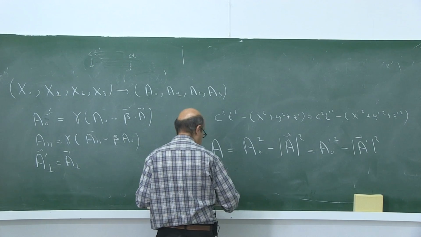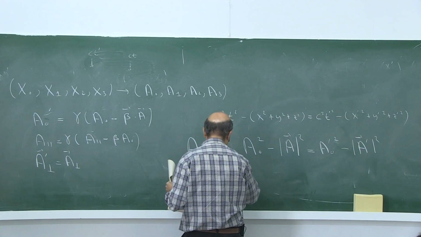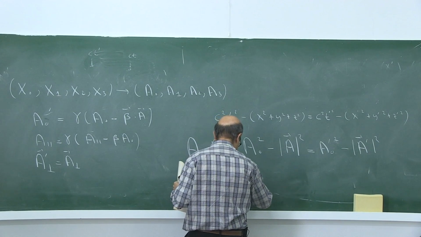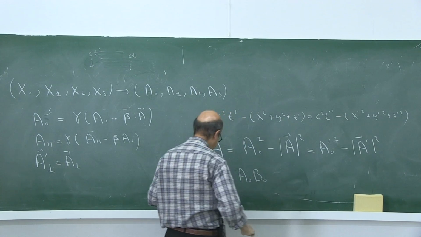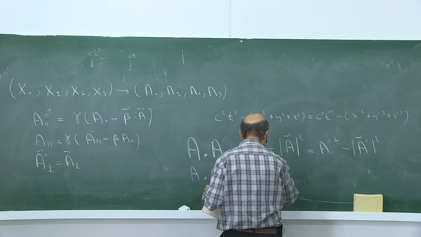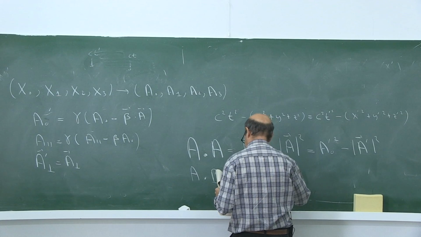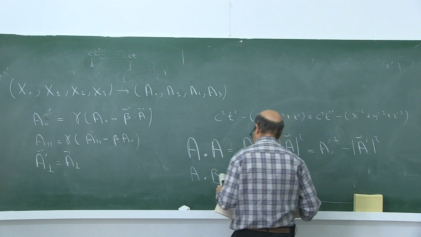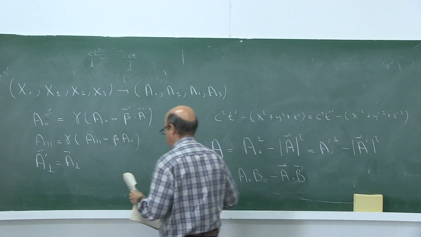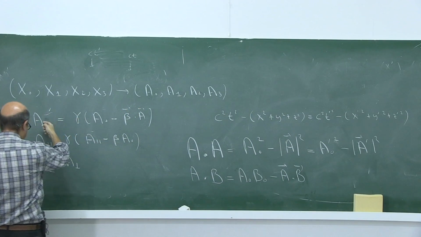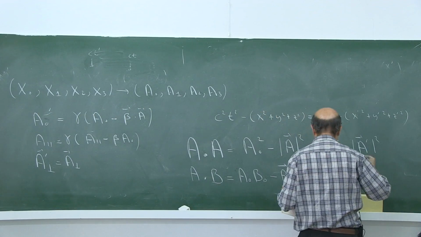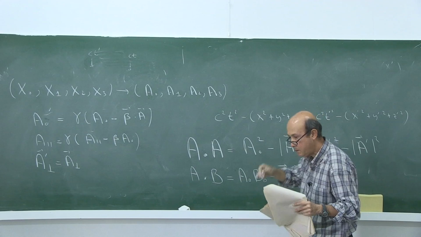If you have two four vectors, A dot B is again very simple. First multiply the first coordinates, A0 and B0, then subtract A dot B. And if you go to another Lorentz frame, if you make the Lorentz transformation of A and B, in different frames you have A prime four vector and B prime four vector.